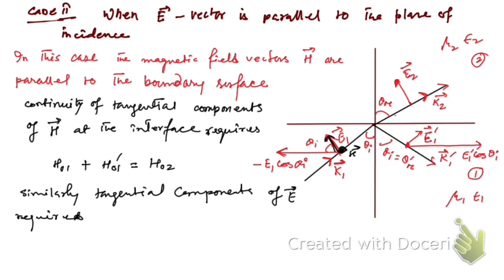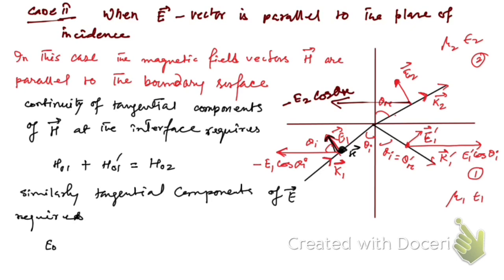And here the tangential component is again in the negative direction, minus E2 cos theta r, right?